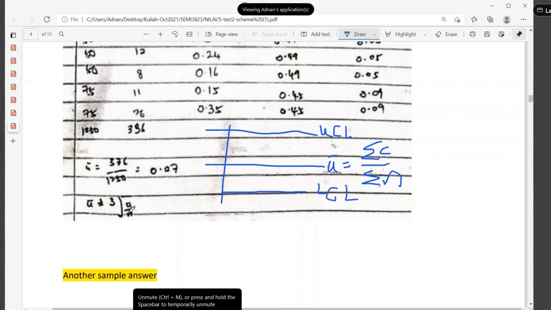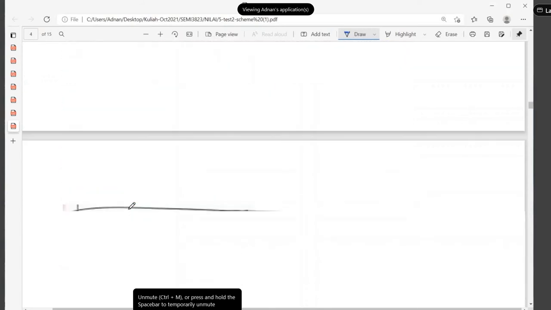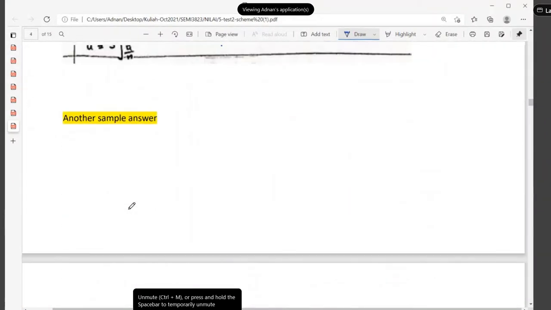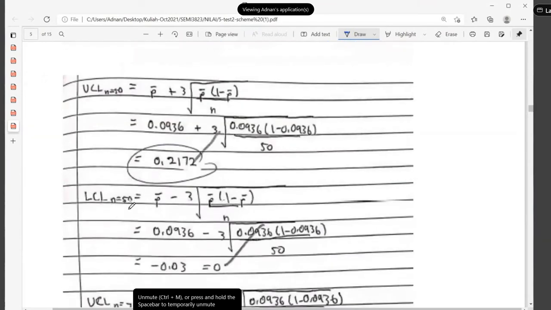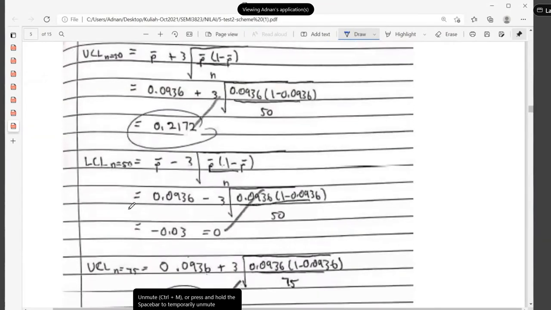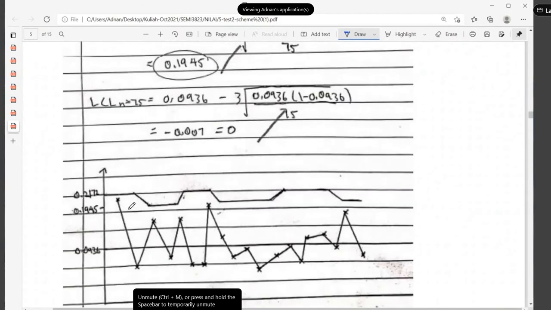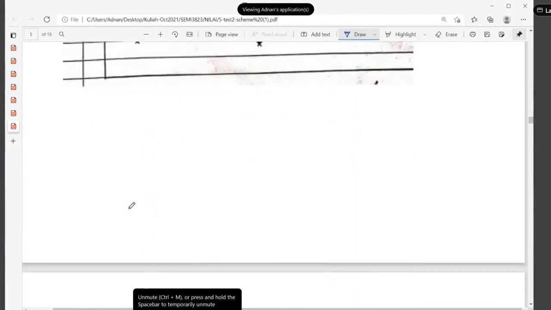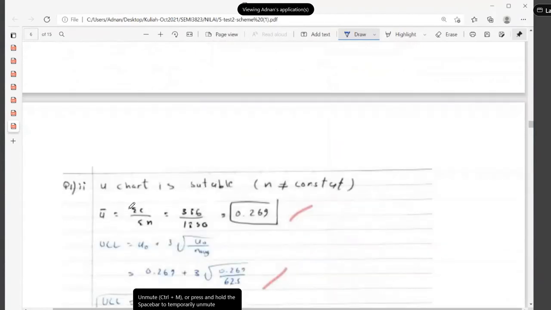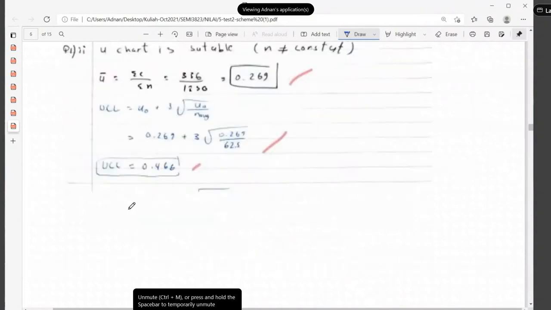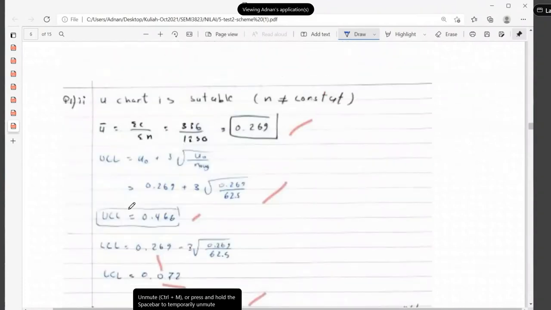This student answered using a P chart. No, I think that is the P chart for the earlier one, but this is the U chart, number 2.